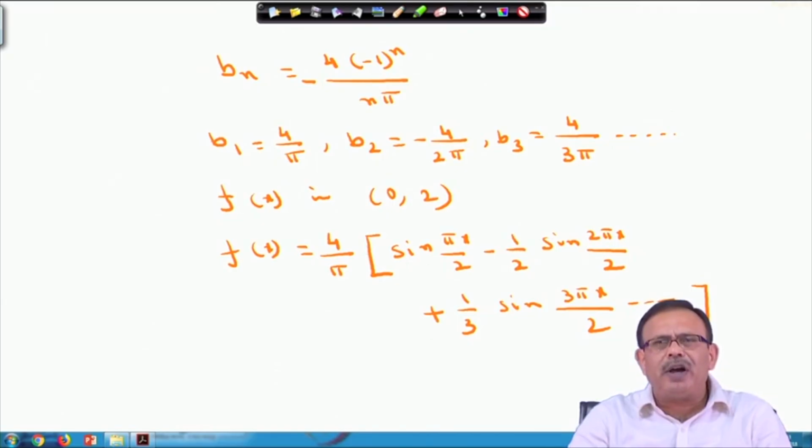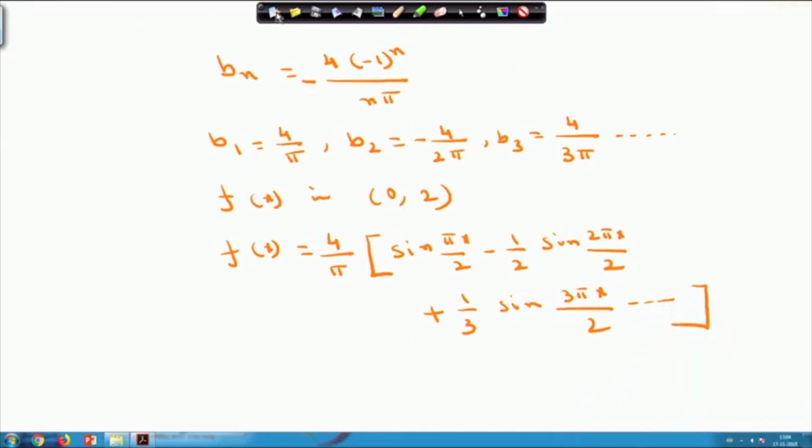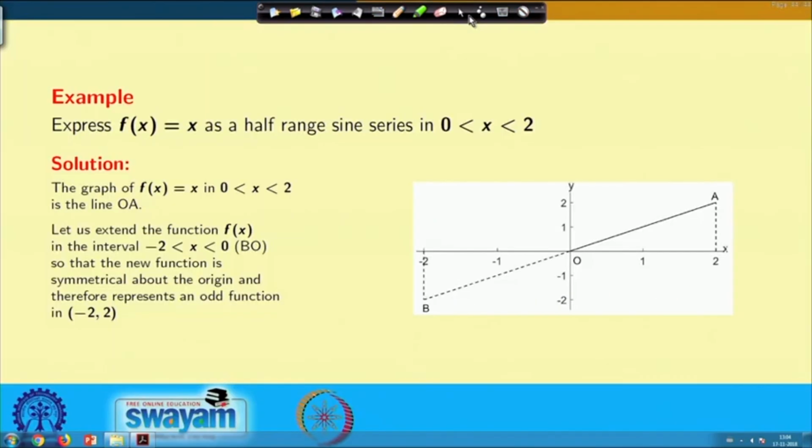So, we are redefining the function f x in minus 2 to 2 and it becomes an odd function. Then using the normal process f x equals only sine terms will be there, that is b n sine n pi x by 2, and we can find out the values of b n. From there we can write down the series of the given function f x.